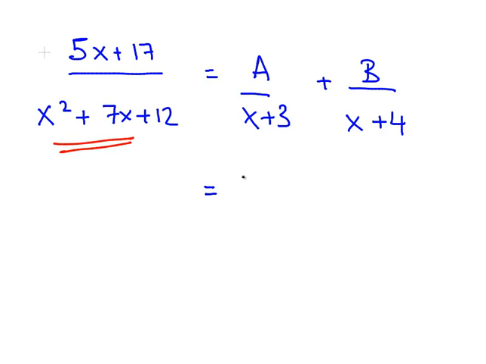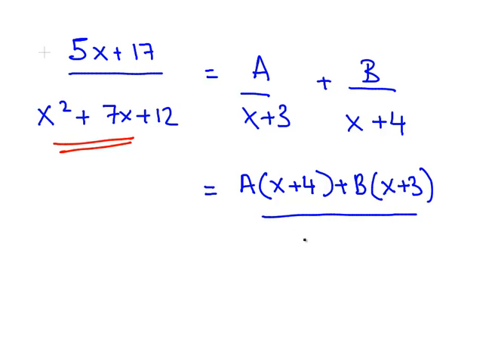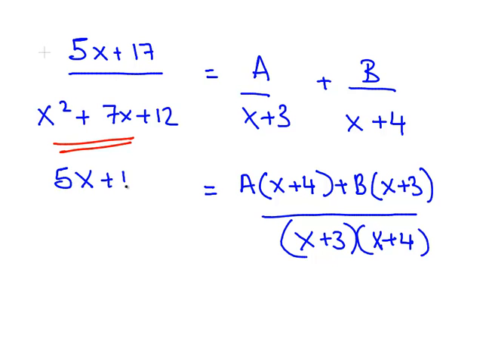Working that out, we would have a times x plus 4 plus b times x plus 3, this is cross multiplication, all over x plus 3 times x plus 4. And that is still equal to 5x plus 17 over x squared plus 7x plus 12.